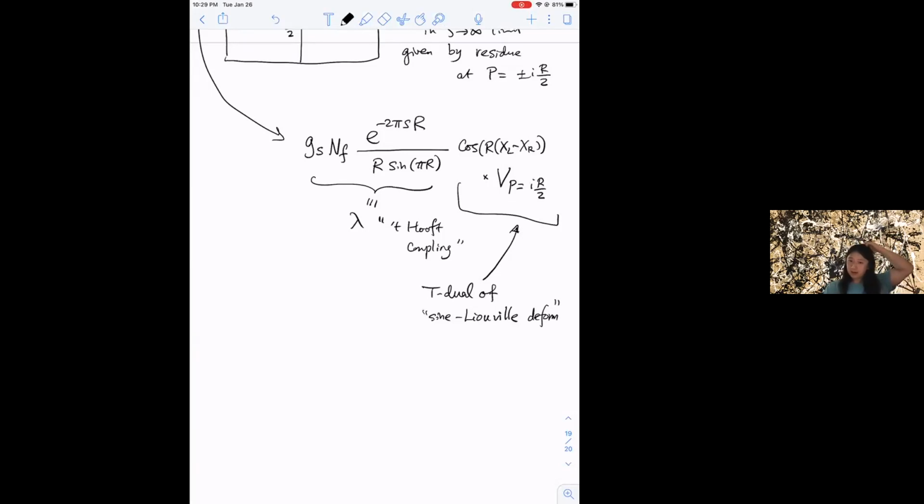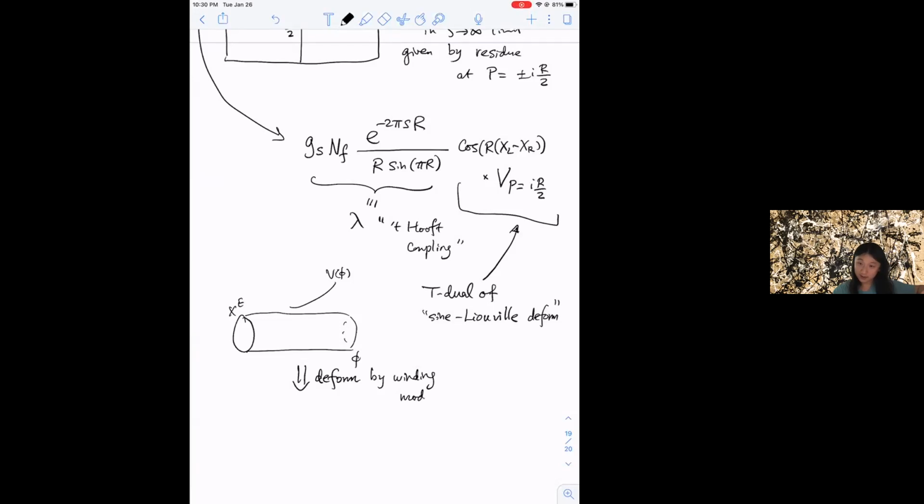So what is this deformed background? Well, we start with the compact boson, this X Euclidean, and Liouville direction phi, like this. That's the topology of the cylinder. And this Liouville potential V of phi, like this. We are deforming this by adding winding modes of winding number plus minus 1.